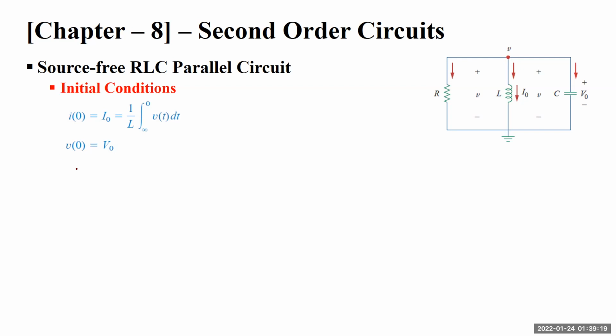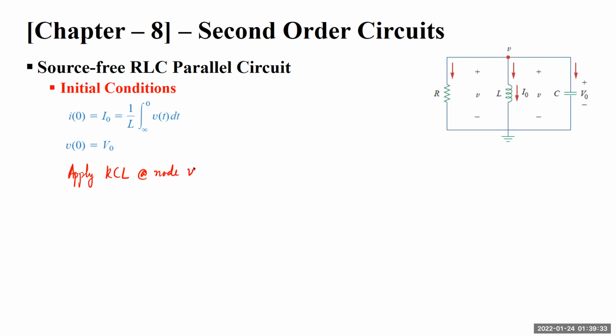So we first apply KCL at node V. I call this node A, because we will be using V as the voltage of this node, in order to avoid any further confusion.